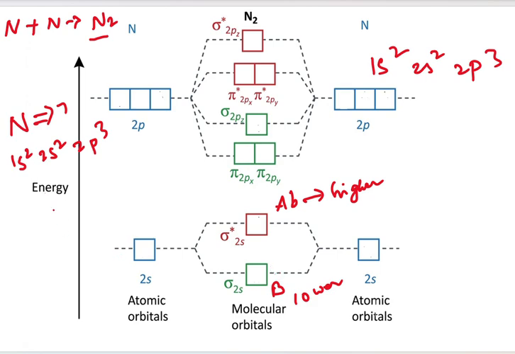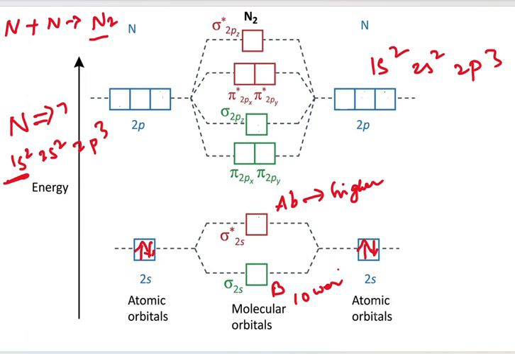Here, since the 1s orbital is very close to the nucleus, I am taking the outermost shell, the 2s orbital and 2p orbitals. The 2s orbital of a nitrogen atom has completely filled paired electrons, 2s2.